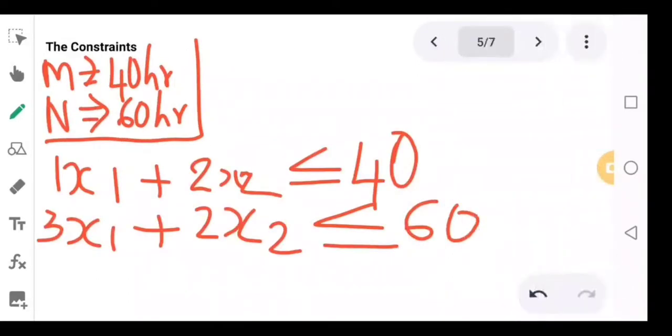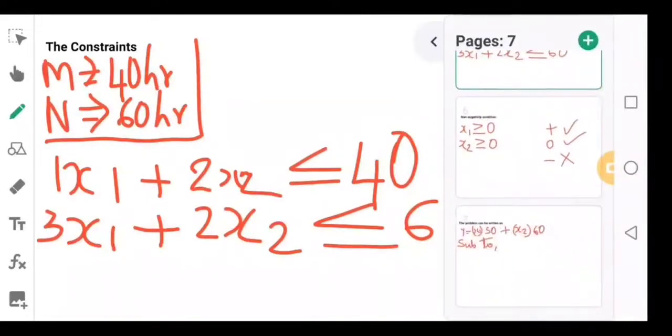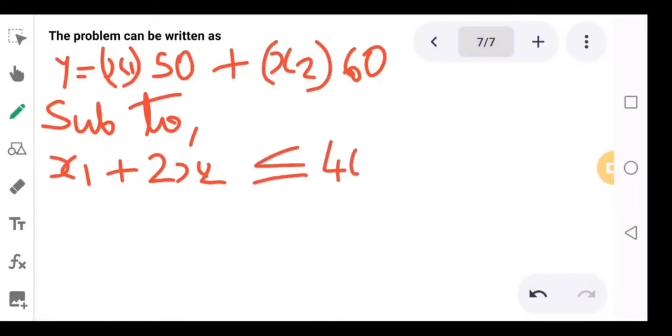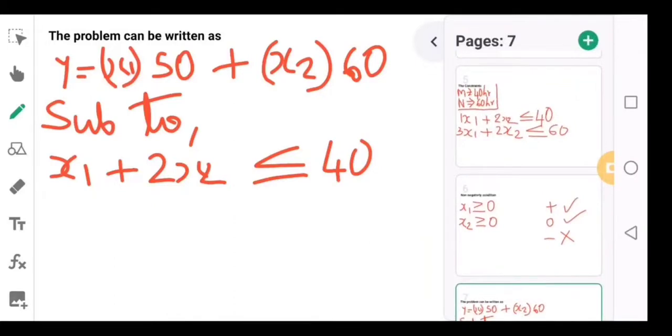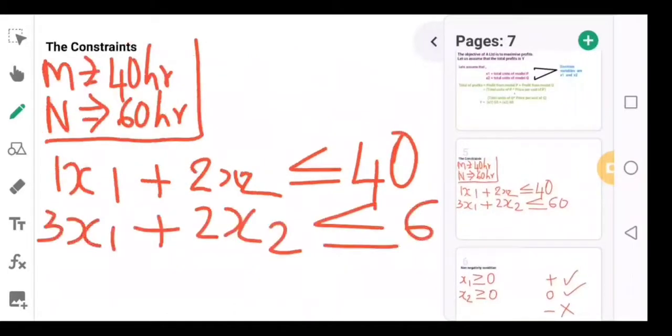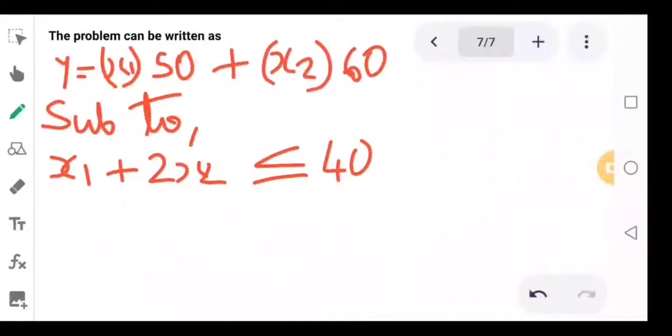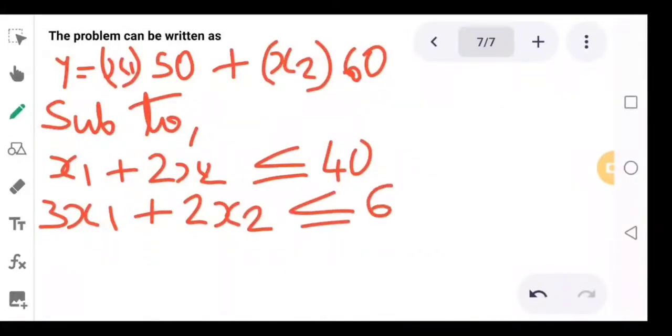The constraints are: 1x1 can be written as x1, so x1 plus 2x2 less than or equal to 40, and 3x1 plus 2x2 less than or equal to 60.